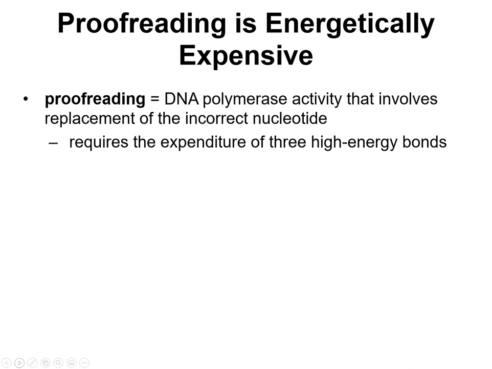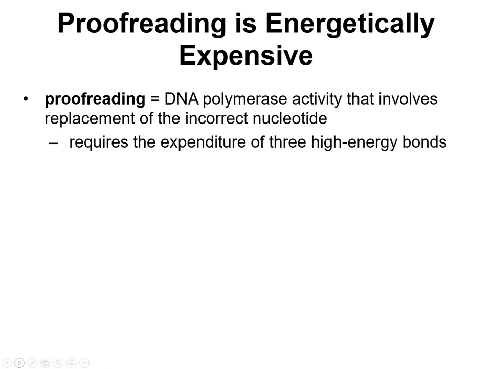So when we say proofreading, we're talking about DNA polymerase activity that will also replace incorrect nucleotides. And that's expensive because we're talking about getting rid of 3 high energy bonds.